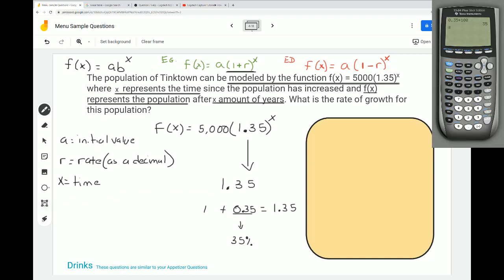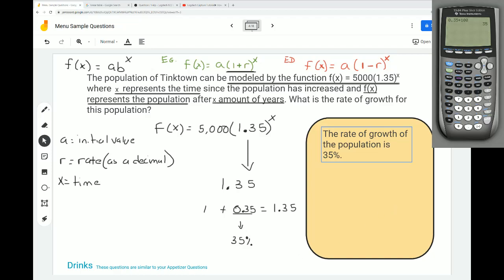So we want to type an explanation. The rate of growth of the population is 35%. Okay, so that was an example of an exponential growth problem.